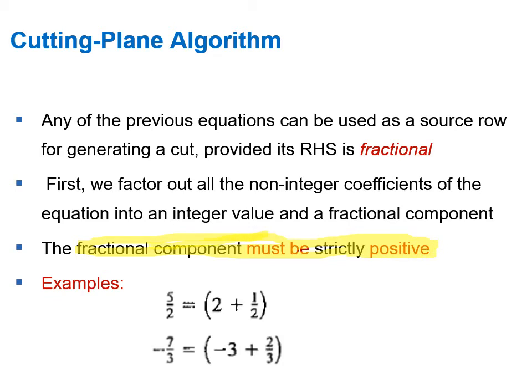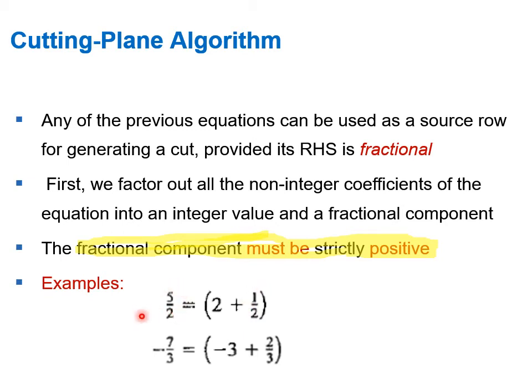Let's make some examples and it will be more understandable. Assume that the coefficient of a variable is 5 over 2. 5 over 2 is 2.5. I need to represent this as an integer plus a fractional part. So the integer part is 2 plus the fractional part 0.5, or 1 over 2.